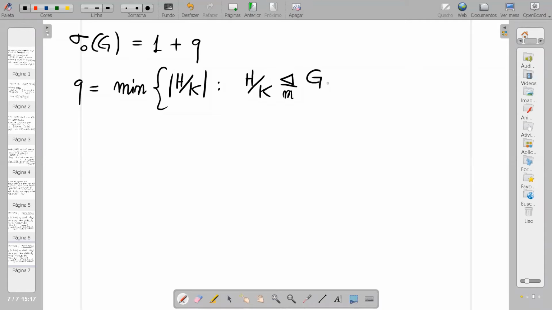H modulo K is a minimal normal subgroup of G modulo K. So essentially, a chief factor is a minimal normal subgroup.